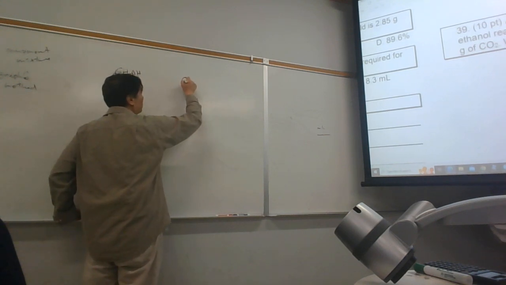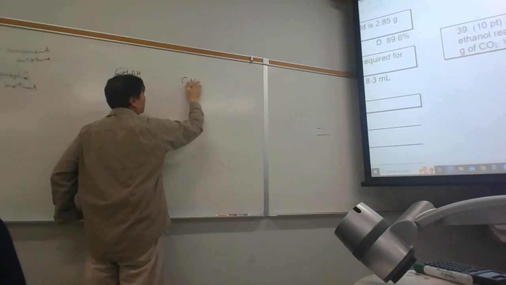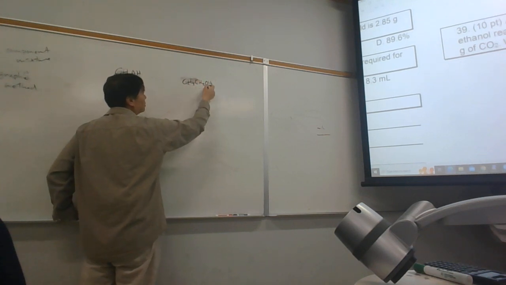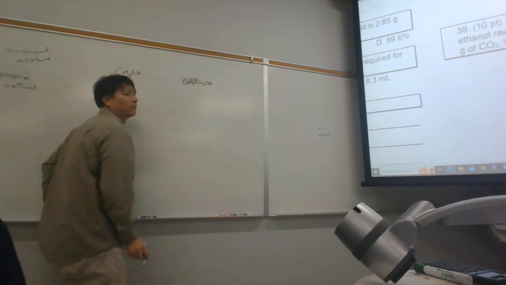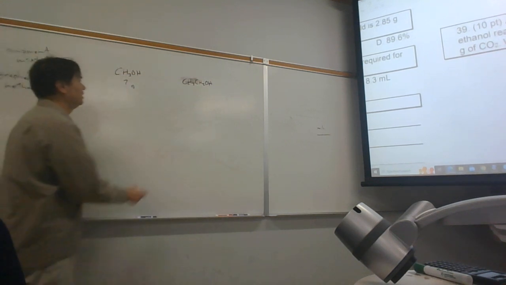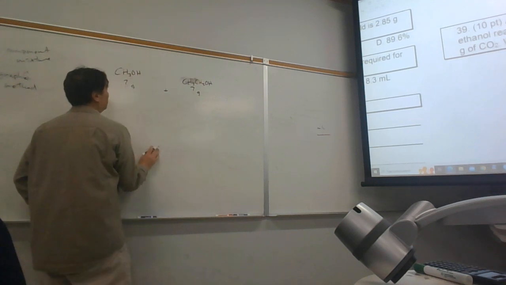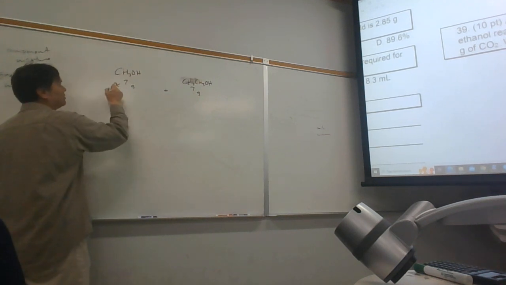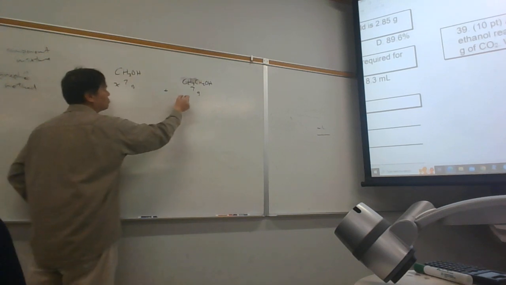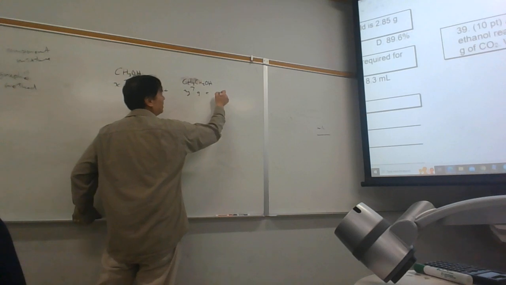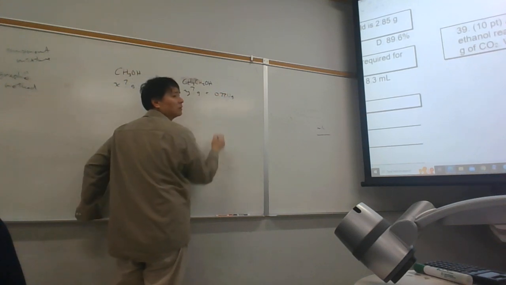CH3CH2OH. Okay, there are different ways we could write it. We could do CH3CH2OH, or we could do C2H5OH. Those are common ways. And we need to know how many grams of this. But we do know the total. And so what we can say is X grams of methanol plus Y grams of ethanol is going to equal 0.220 grams total.